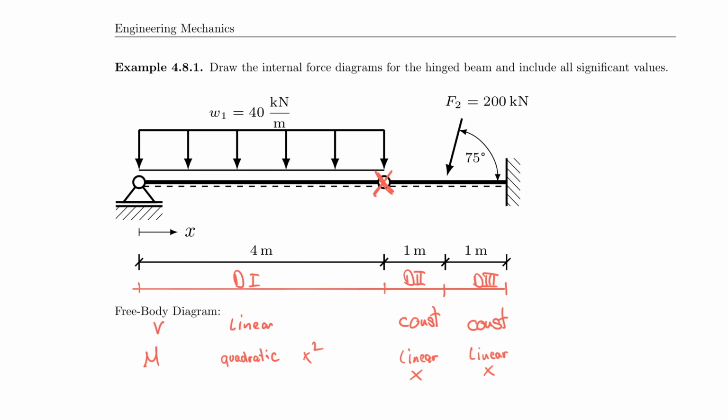All I need to do really is find what's called RAY here, RAY on the left side, and once I have that, I can just work my way from left to right. So let's find RAY first. Actually, that's very simple in this case. RAY is really only dependent on what goes on in this subsystem here. So in that subsystem, I really have only 40 times 4 divided by 2, if I will.